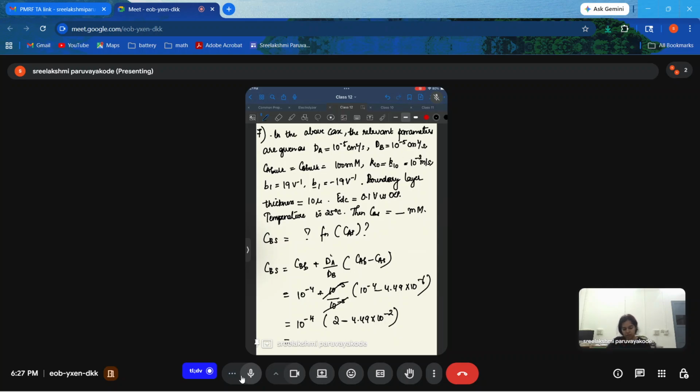So how much do you get when you solve this? You can use any method, calculator, however to solve this.